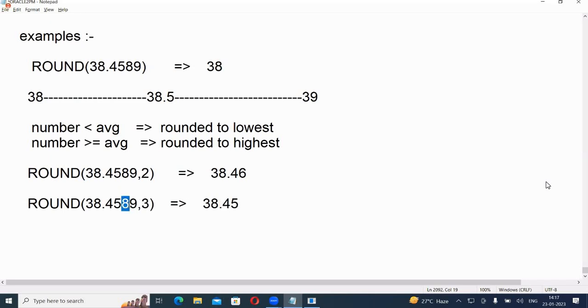But what is the next digit? 5 or above 5. This 8 is rounded to 9. So 38.459. If the next digit is 5 or above 5, this 8 is rounded to 9.